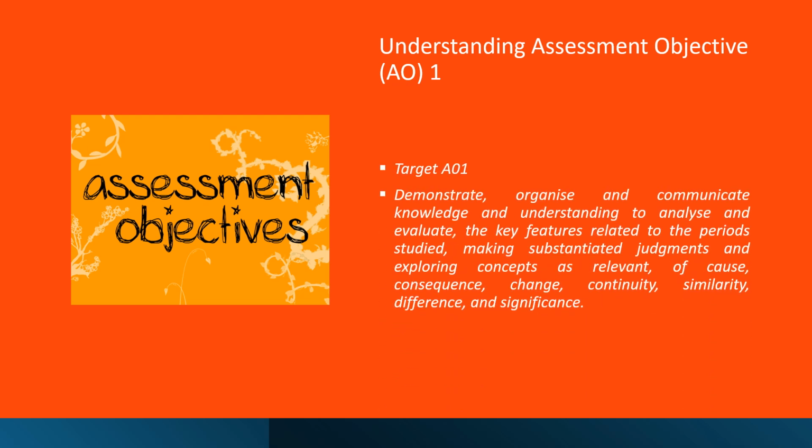The target states that you must demonstrate, organise and communicate knowledge and understanding to analyse and evaluate the key features related to the period studied, making substantiated judgments and exploring concepts such as cause, consequence, change, continuity, similarity, difference and significance, meaning the ability to analyse the significance of given historical factors. And analyse means to demonstrate critical analysis at A level.